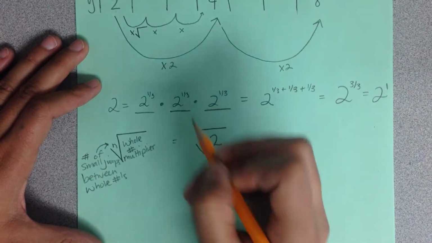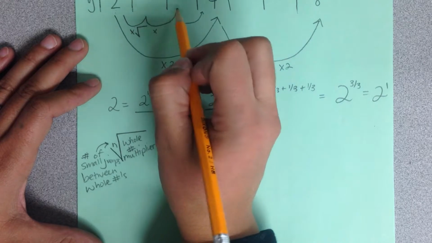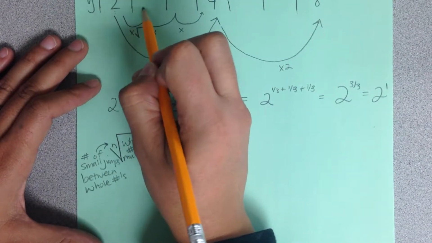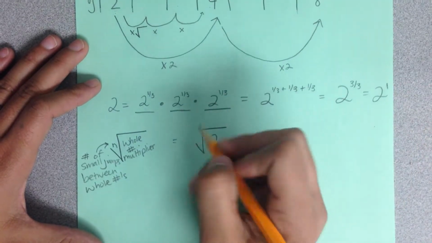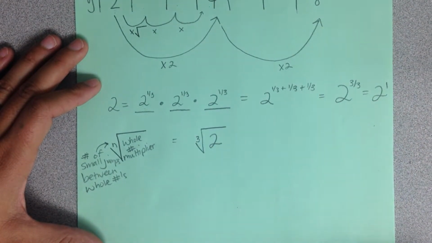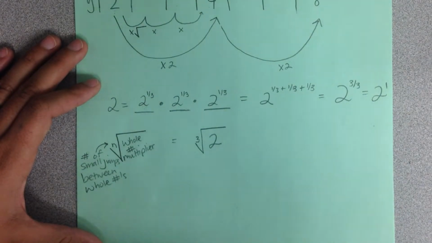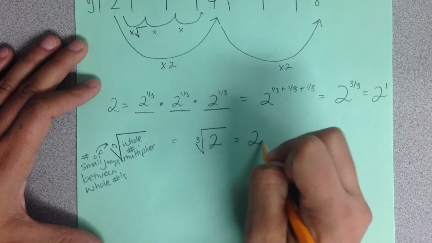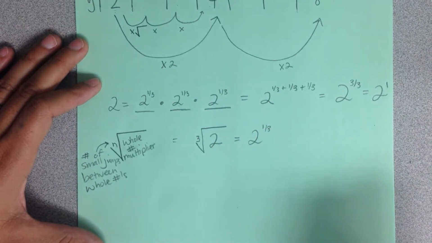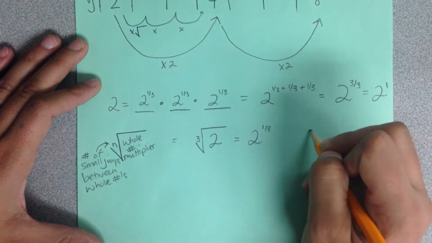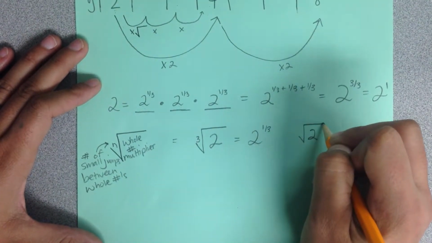So our index is how many small jumps it takes to get from each whole number to the next. So from 2, it takes 1, 2, 3 times to get there, so our index would be 3. So it's going to be the third root of 2 that we're multiplying by every third of a term. And you'll notice that equals 2 to the 1/3 power. If we write 2 to the 1/3 as a radical, remember our base becomes our radicand, what's inside.